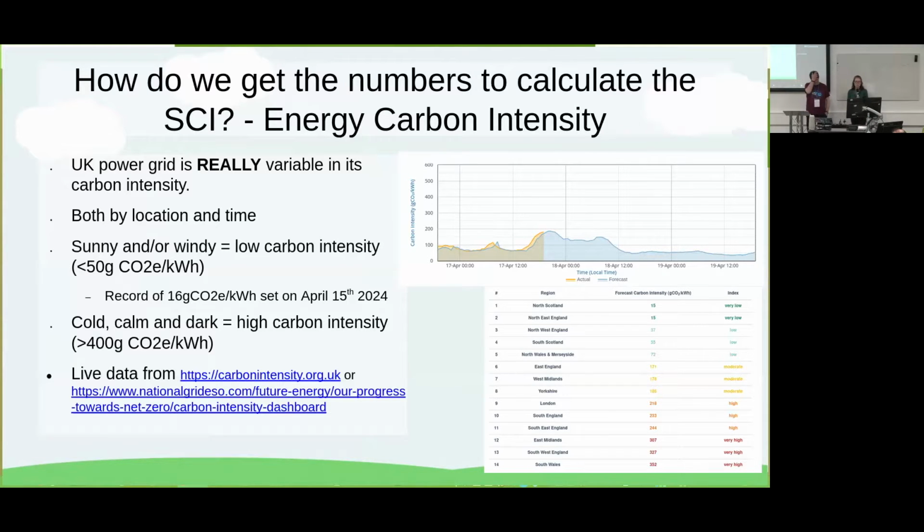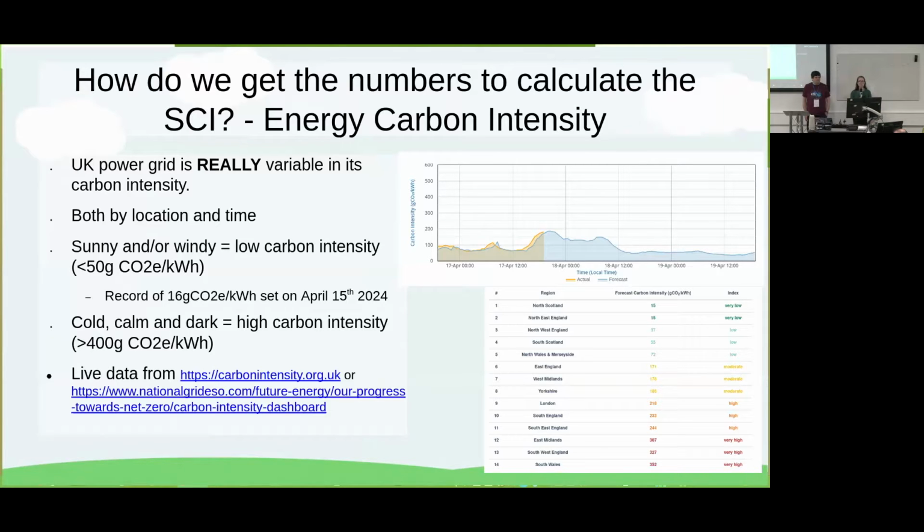And you can see that depending on the area, it can vary from very low to very high. And that's for a specific time, I think. But we'll go on to show some examples of how at a specific time on different days with different conditions, it can vary from place to place.